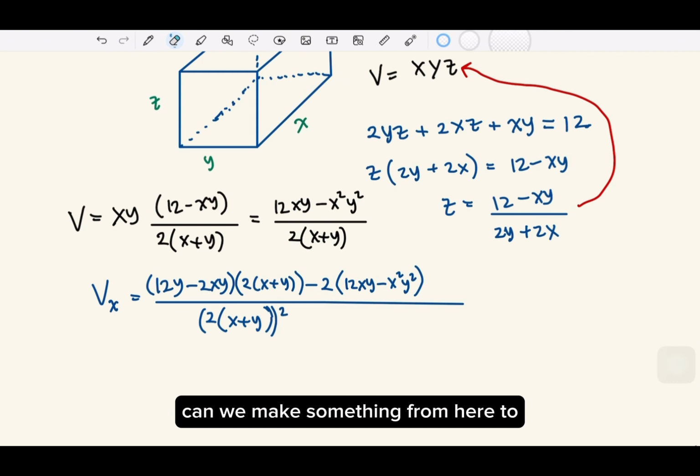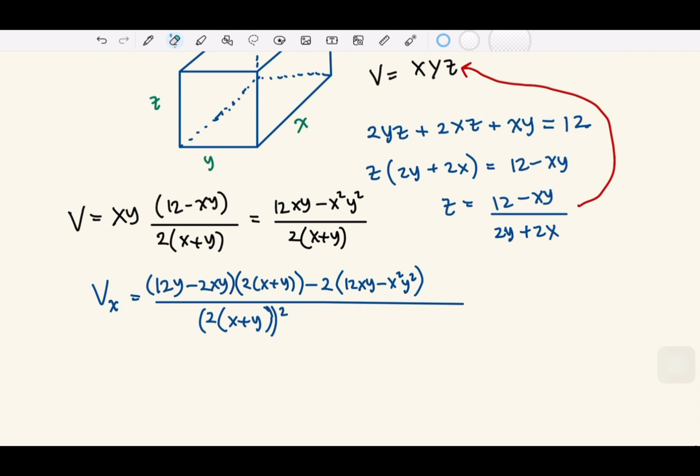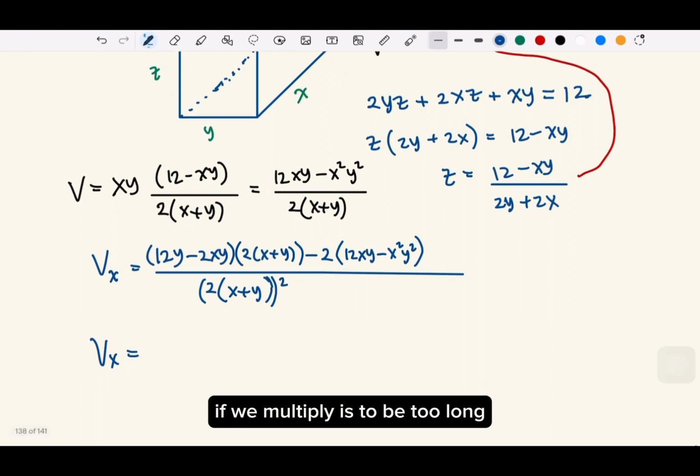Can we make something from here to x? If we multiply, it's going to be too long, I think.